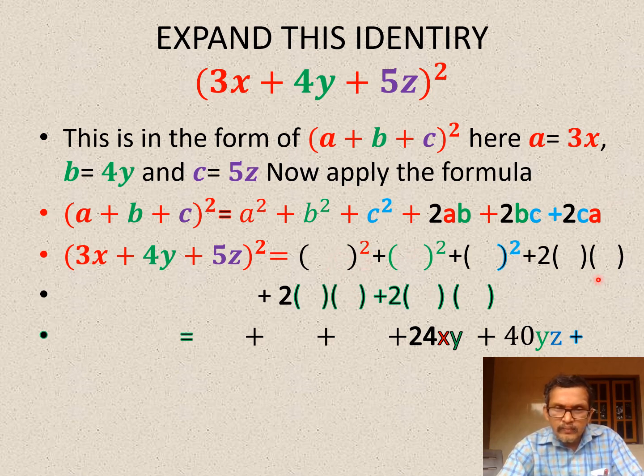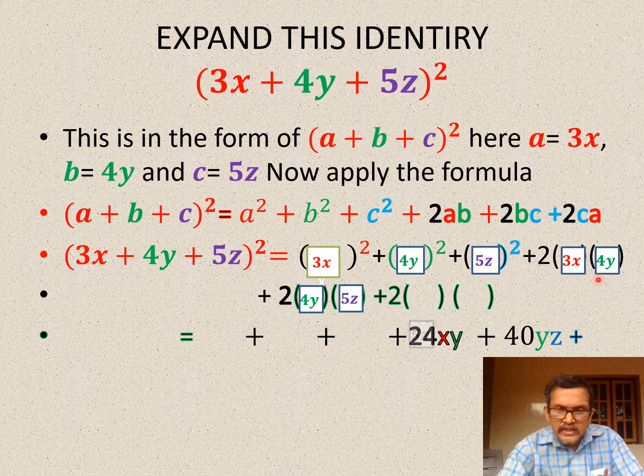So instead of a, 3x; instead of b, 4y; instead of c, 5z. 2ab is 2 times 3x times 4y, 2bc is 2 times 4y into 5z, 2ca is 2 times 5z into 3x.